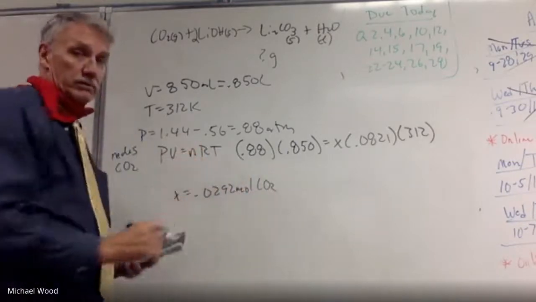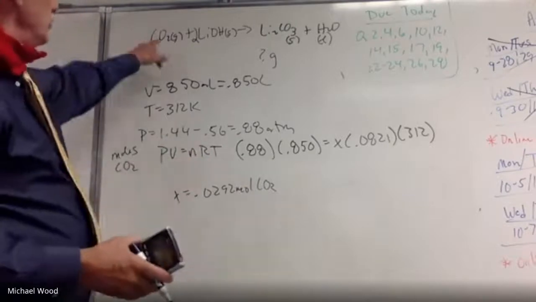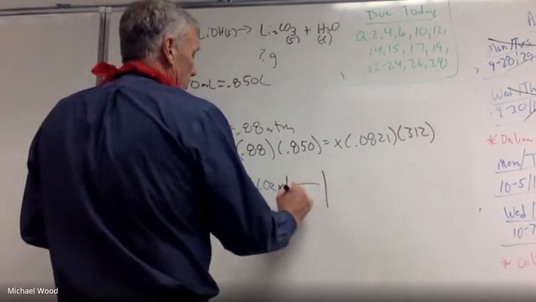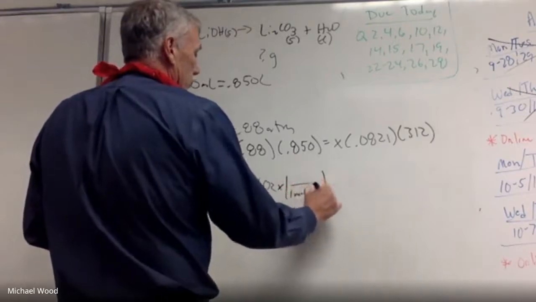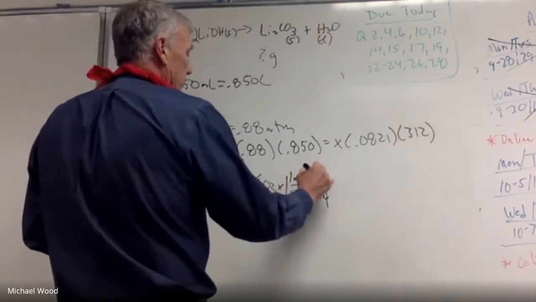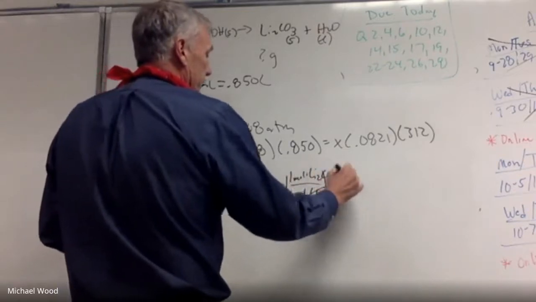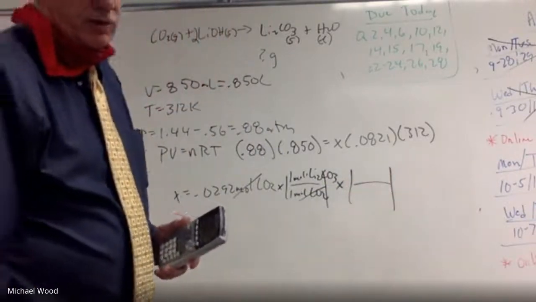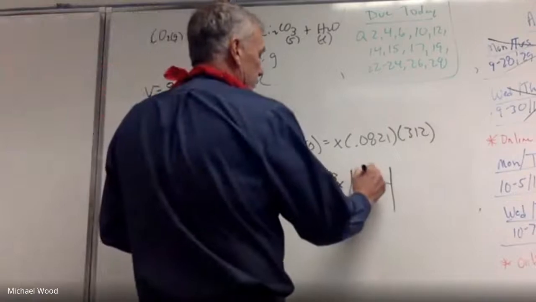Okay, now I can do stoichiometry and go to lithium carbonate. There's 1 mole of CO2 to 1 mole of lithium carbonate. The final thing is I find the molar mass of lithium carbonate, 73.9.